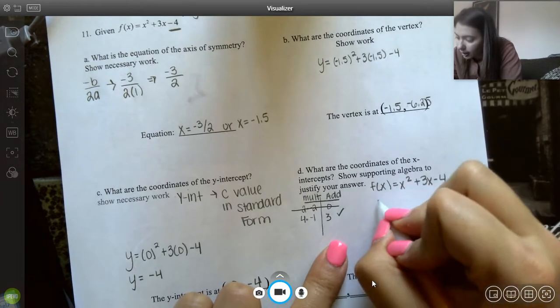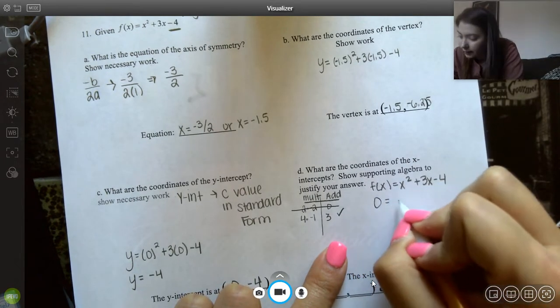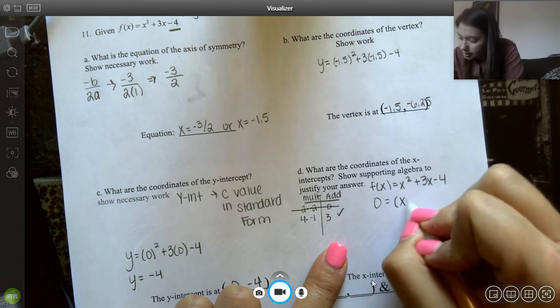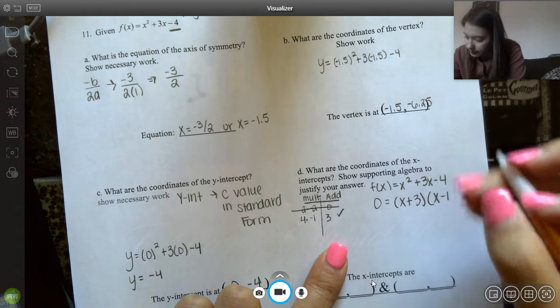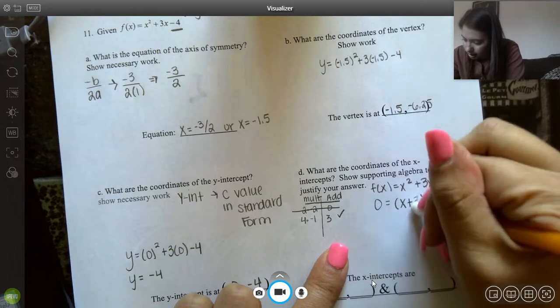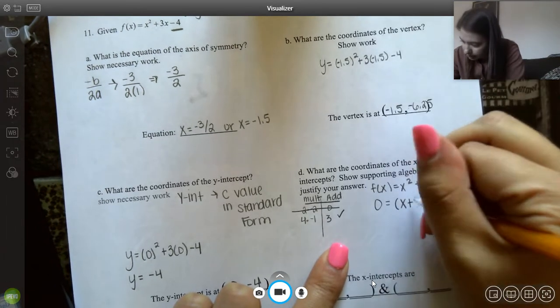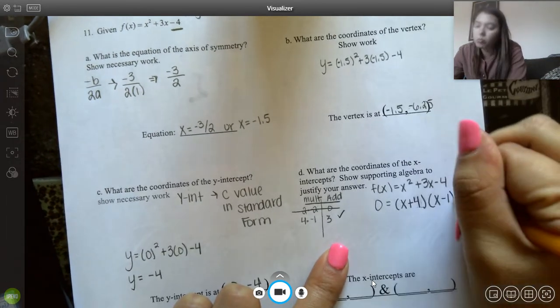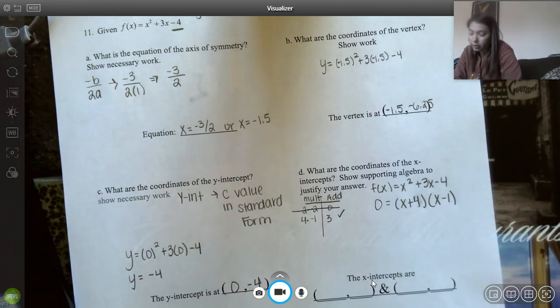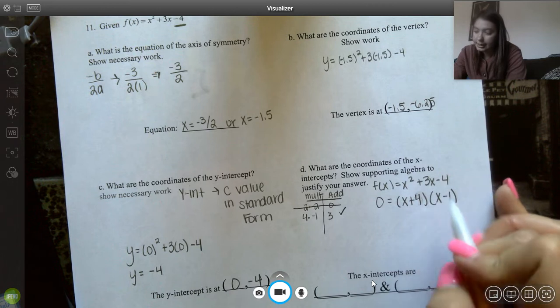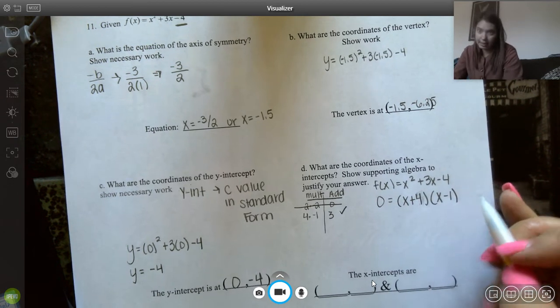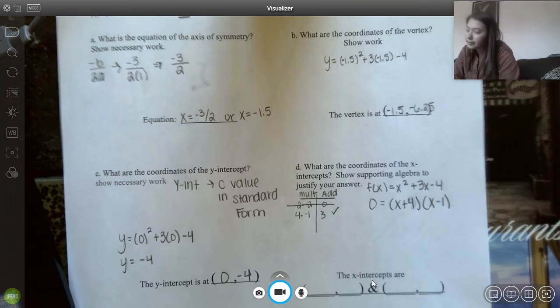So therefore, we can set this equal to 0, and we can factor this as x plus 4 times x minus 1. Okay, and then if you want to check your work, you can double distribute. You end up getting that 4x and negative 1x give you positive 3x, right?